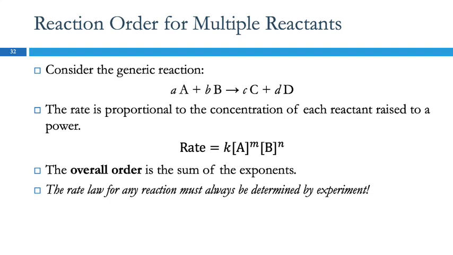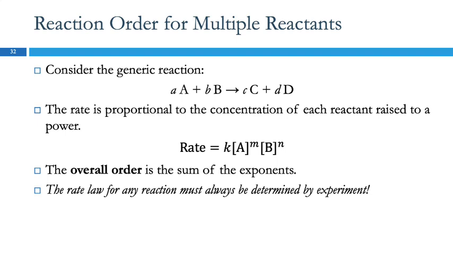So the rate is proportional to the concentration of each reactant raised to some power. Now we have two reactants, so in our rate law, we've given one an exponent of m and the other n because they're not necessarily the same.